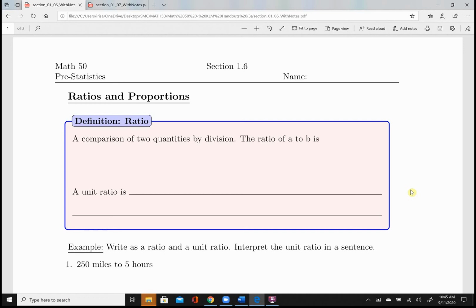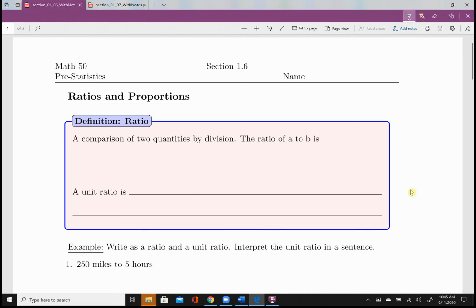Okay, in any event, let's go ahead and get started talking about ratios and proportions. This is what we'll be discussing for section 1.6. Okay, so let's start with a definition. Ratio, a comparison of two quantities by division. A ratio of A to B is this, A to B. It often has this fraction representation.